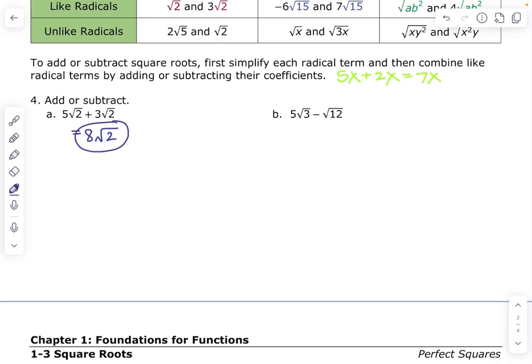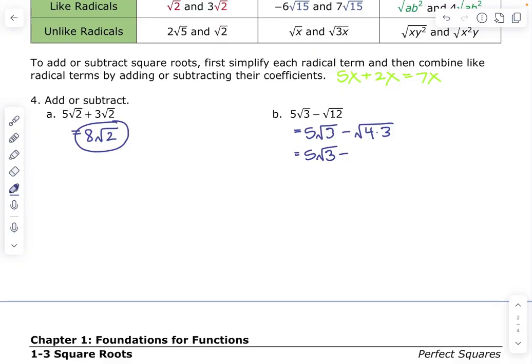Okay, B is a little bit more complicated because that square root of 12 is not in simple radical form. We're going to use our product property. So I'm going to leave 5 square root of 3 alone. And I'm going to rewrite 12 as 4 times 3. Again, 5 square root of 3 gets left alone.